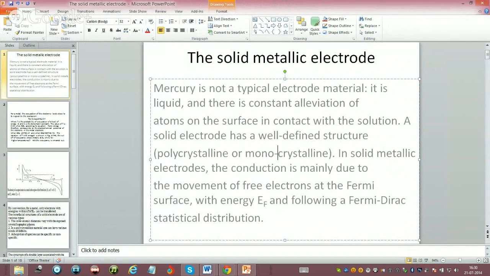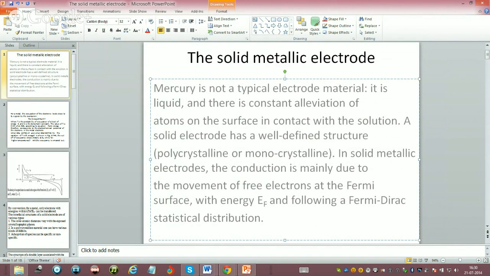Now, you know very well that mercury is used as one of the electrode materials, but it has certain drawbacks, even though it is very commonly used and also advocated for specific measurements like polarography, where you need a fresh surface exposed every time.